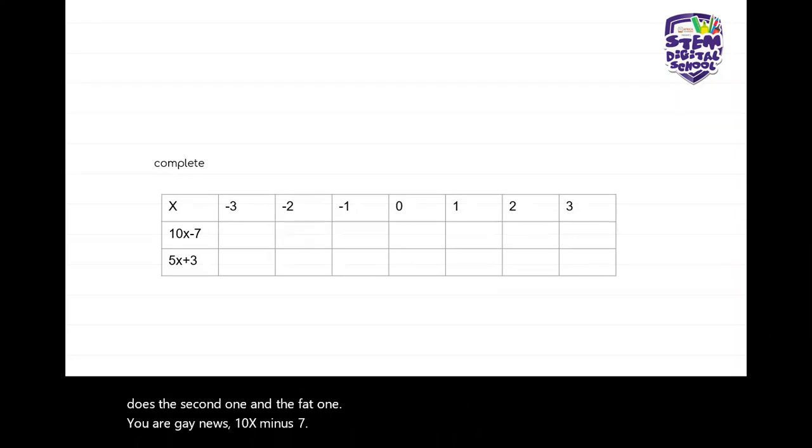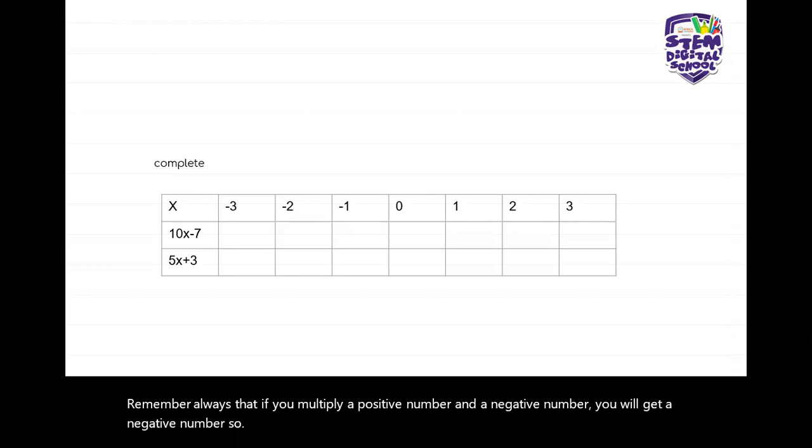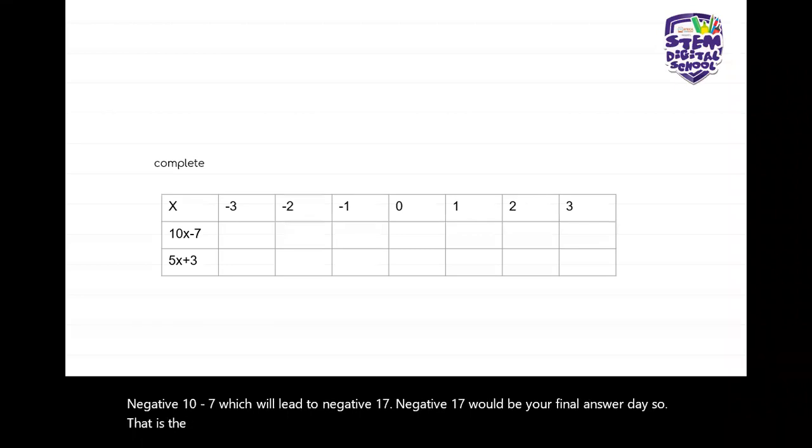If x is negative 1, then you'll have 10 into negative 1, and then minus 7. Remember always that if you multiply a positive number and a negative number, you will get a negative number. So negative 10 minus 7 will lead to negative 17. So that is the value of y if x is negative 1.